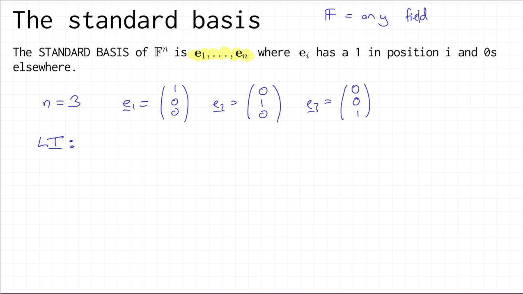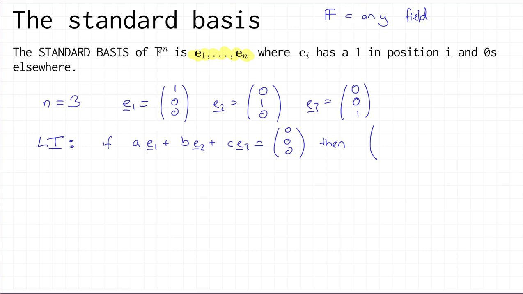So if we want to do linear independence, well, if you have a linear combination a times e1 plus b times e2 plus c times e3, and that linear combination is the 0 vector, then just work out what you've got on the left hand side. a times e1 is the vector (a, 0, 0), and b times e2 is the vector (0, b, 0), and c times e3 is (0, 0, c).